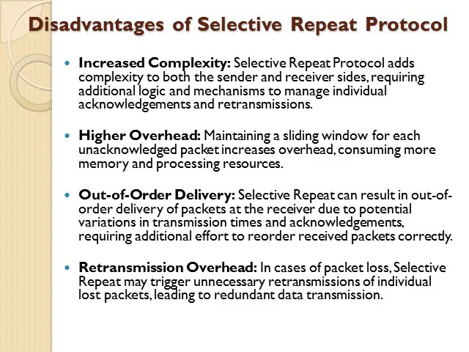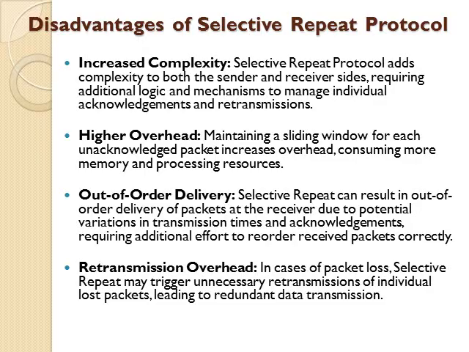Disadvantages: increased complexity. Selective repeat protocol adds complexity to both sender and receiver sides, requiring additional logic and mechanism to manage individual acknowledgement and retransmission. Higher overhead: maintaining a sliding window for each unacknowledged packet increases overhead, consuming more memory and processing resources.